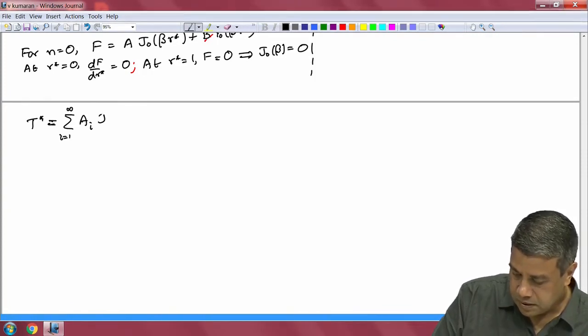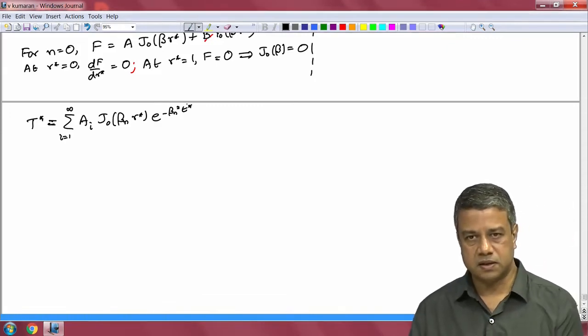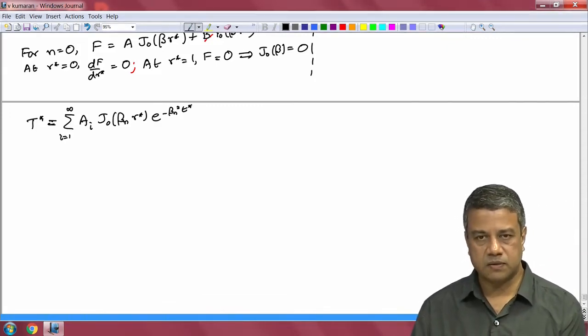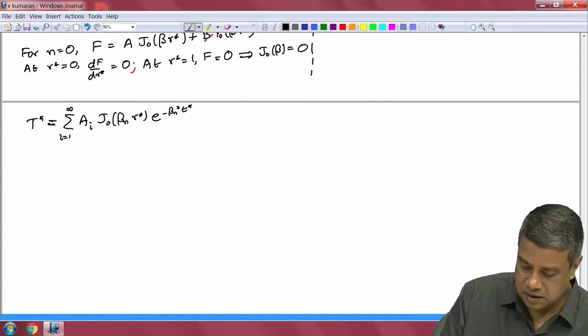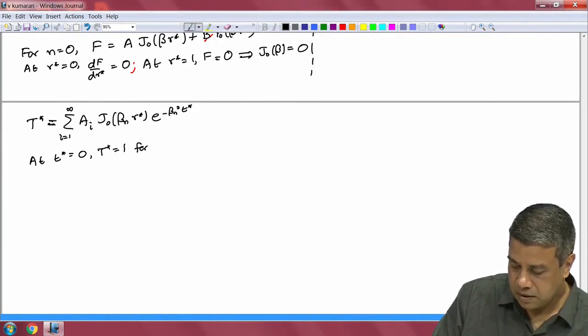J naught of beta n r e power minus beta n square t. That is the general solution. The coefficients have to be determined from the condition that at T star equal to 0, the temperature is equal to 1 for r star less than 1.